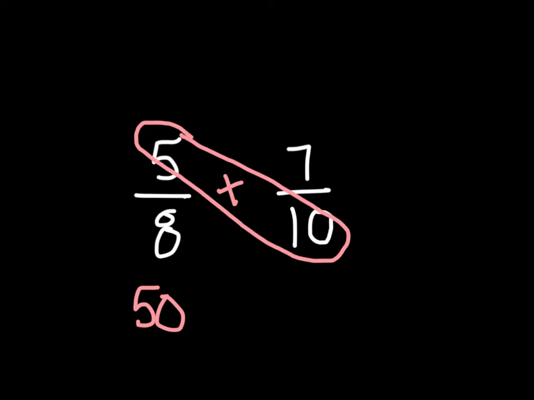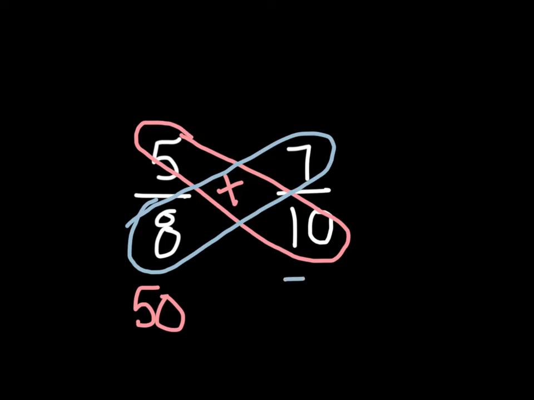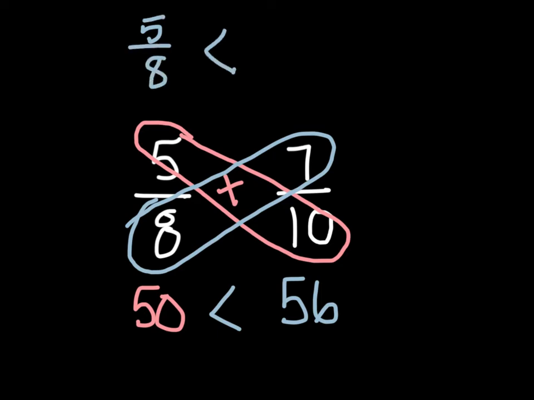Then you're going to multiply your denominator and your numerator, 8 groups of 7, which is 56. Who's greater, 50 or 56? Hopefully you said 56. 50 is less than 56. So 5/8 is less than 7/10.